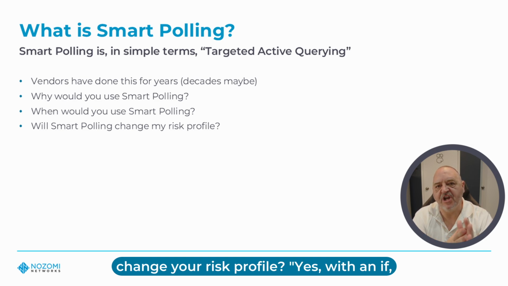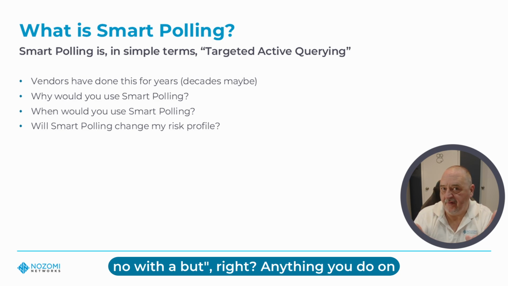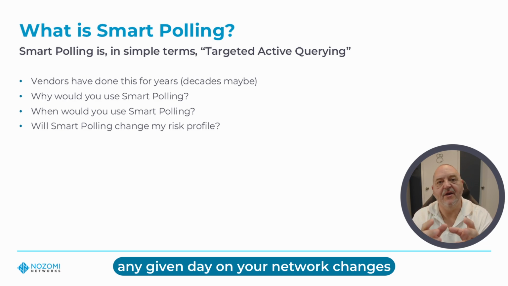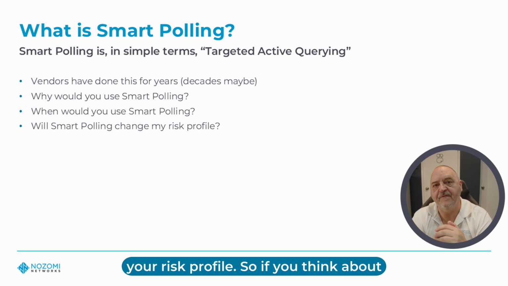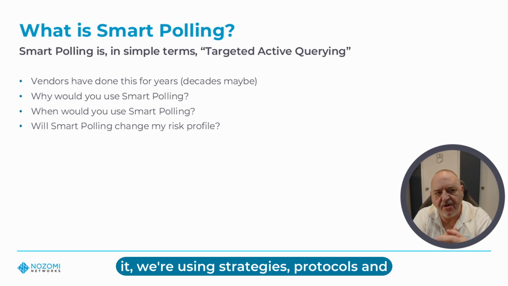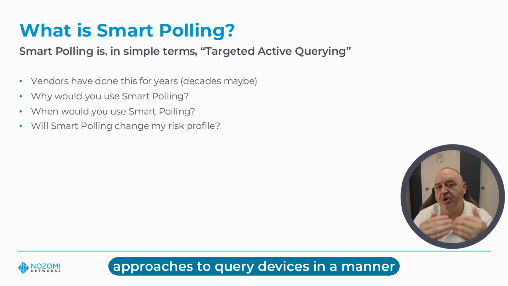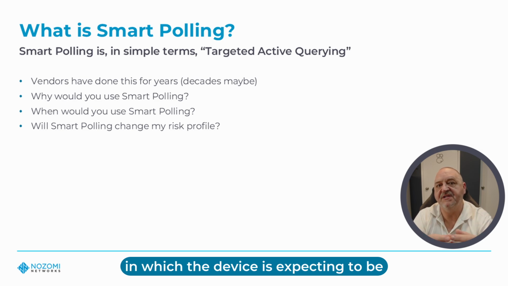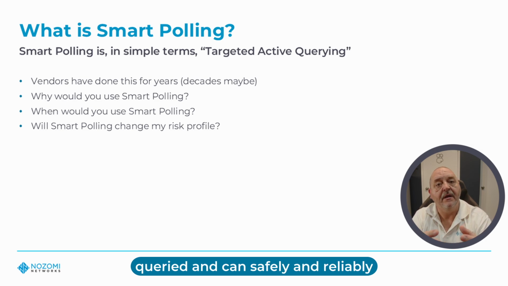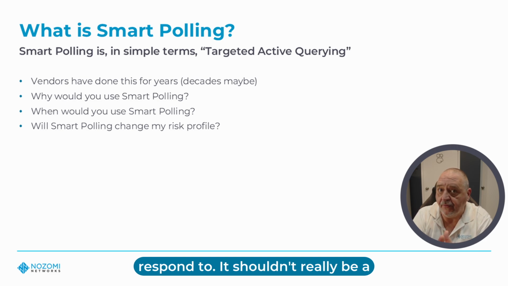Will smart polling change your risk profile? Yes with an if, no with a but, right? Anything you do on any given day on your network changes your risk profile. But we're using strategies, protocols, and approaches to query devices in a manner in which the device is expecting to be queried and can safely and reliably respond to.